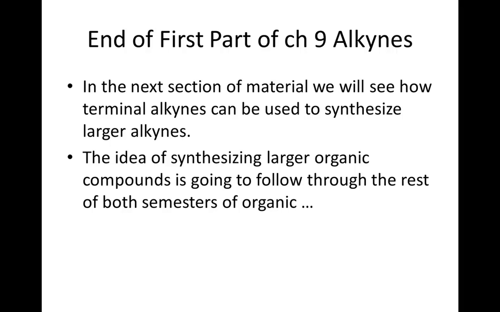We talked about if you did not have a triple bond, how could you create one with double dehydrohalogenation, for example. So this is going to be different. We already have the triple bond. We're going to utilize it to make a bigger molecule. And that whole idea of making smaller pieces into bigger pieces is something that's going to follow us through all the rest of our studies of organic chemistry. So I'm going to stop this section now.